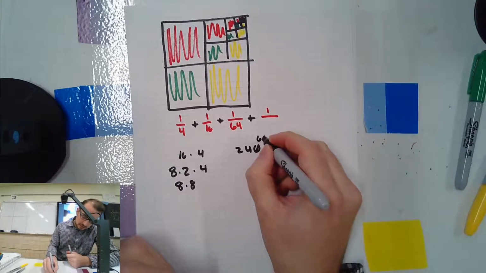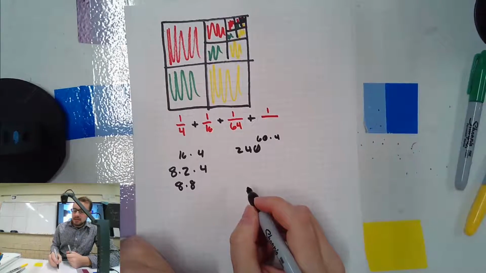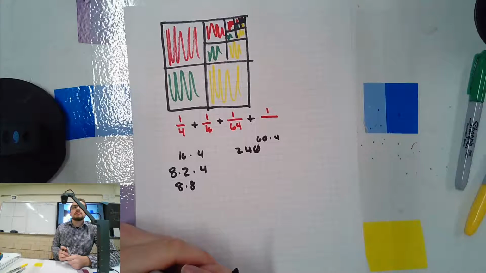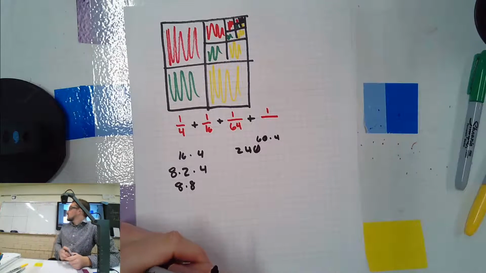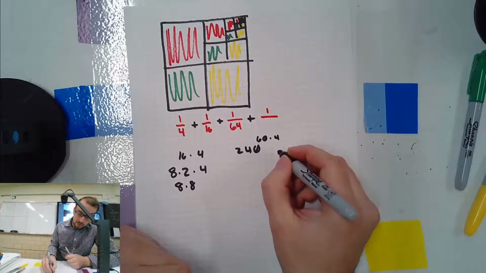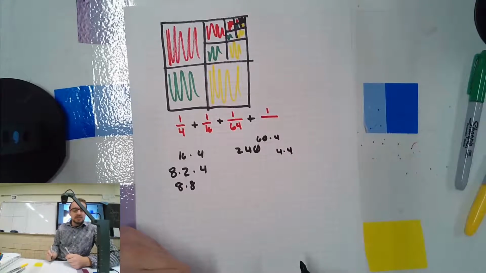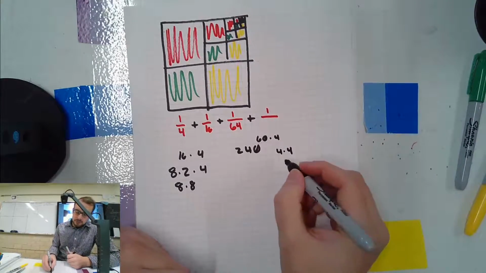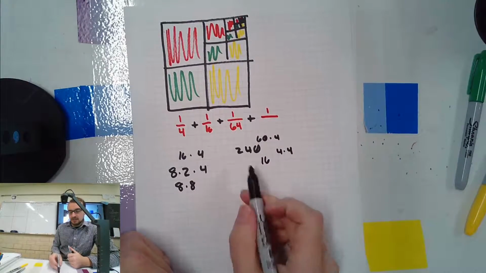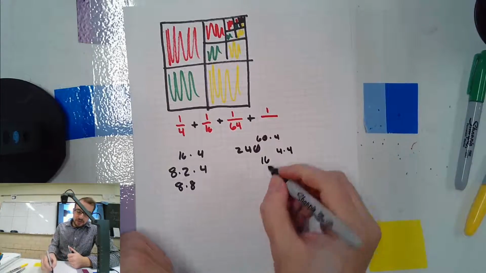I need 64 times 4. 4 groups of 4, right? I need 4 more groups of 4, because that'll get me 64 groups of 4. What's 4 times 4? 16. All right, and then 240 plus 16 is 256.